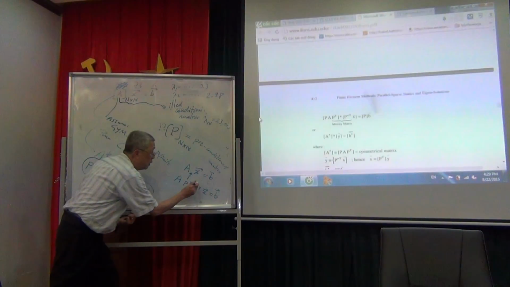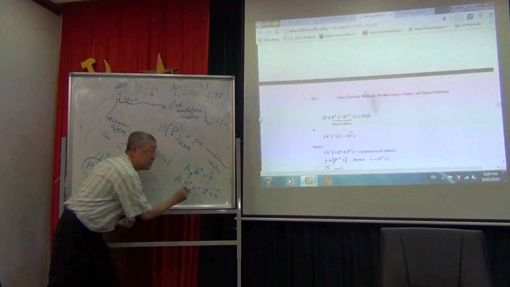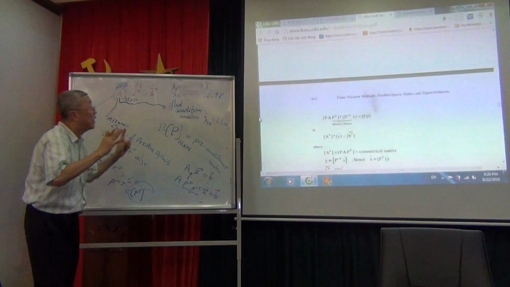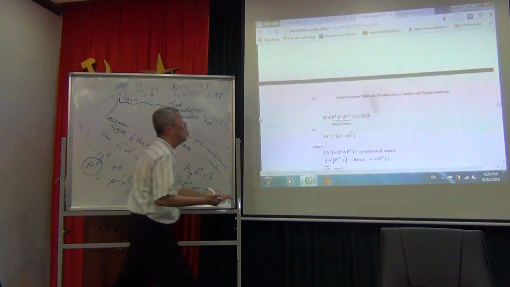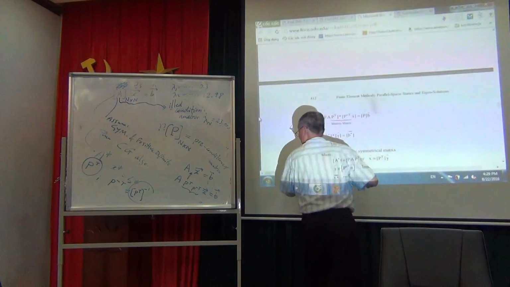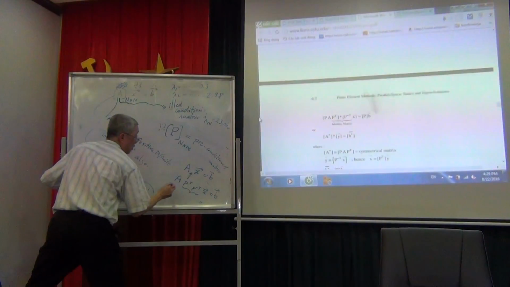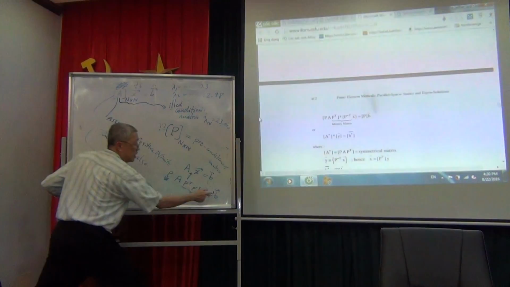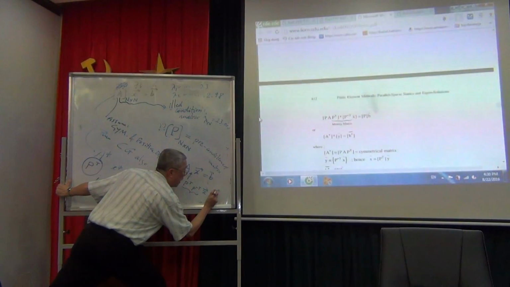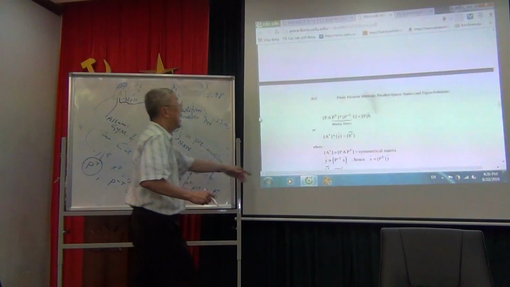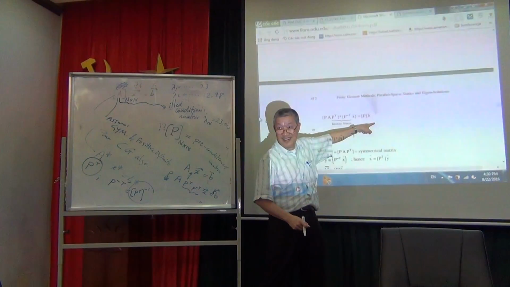Because this product is identity. You agree? Okay. Then after that, what do you do? You pre-multiply both sides by P. So here you pre-multiply by P, and on this side you also pre-multiply by P. Do you follow me? Okay.